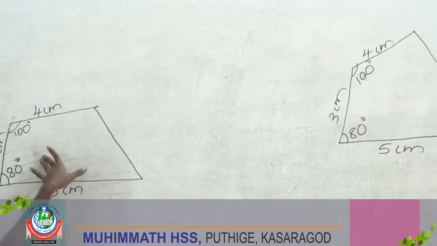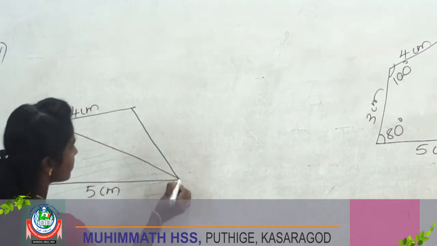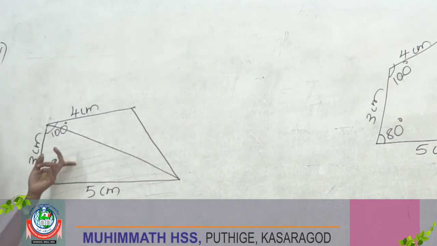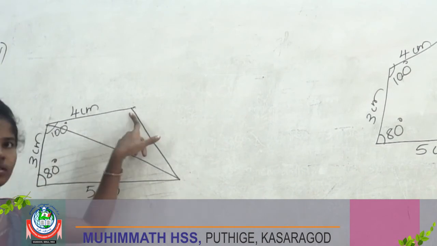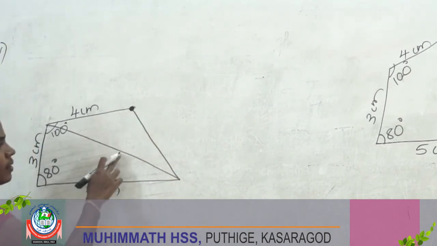Then second step is draw its diagonal. So you draw its diagonal. Third step is draw a line through the fourth vertex of this quadrilateral which is parallel to the diagonal.